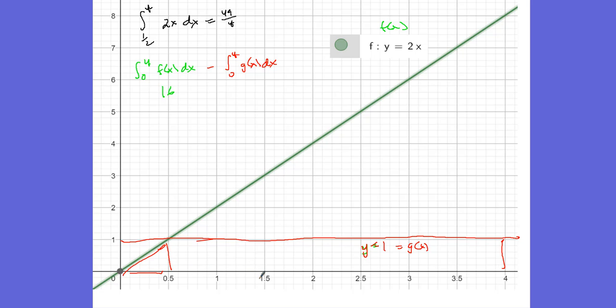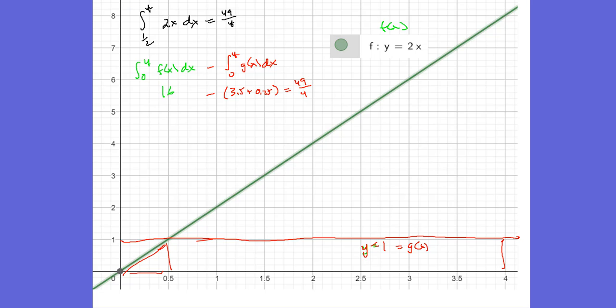You can see I have this rectangle, 3.5 times 1, that's 3.5, plus this little guy right here, that's 1/4, 0.25. And if I take 16 minus 3.75, I end up getting 49 over 4, the same area.